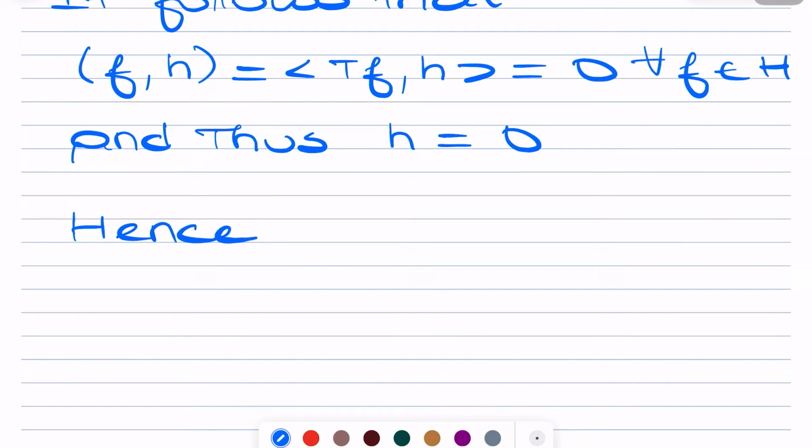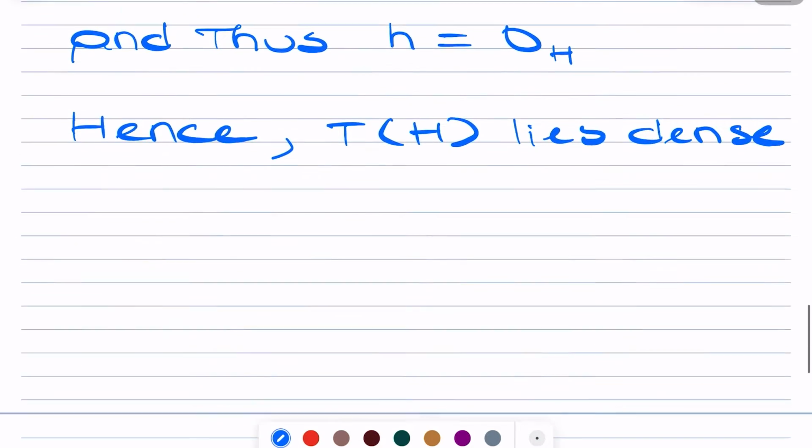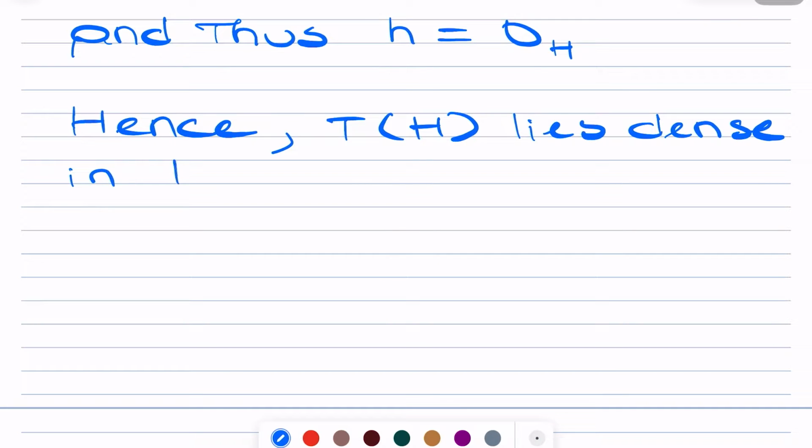Hence, 0 of H, that you can see again as 0 of the bidual because H is reflexive. So we can conclude that T(H) lies dense in H star.